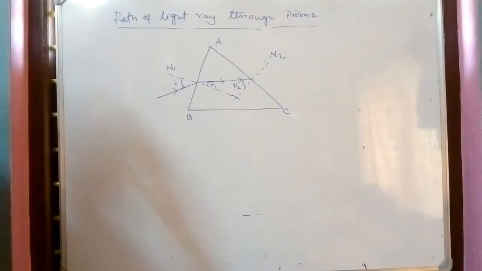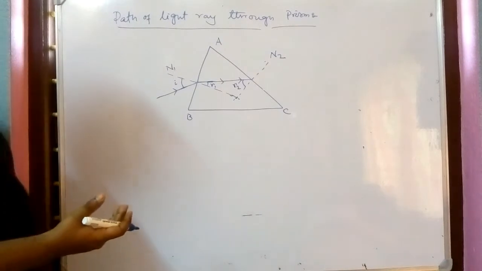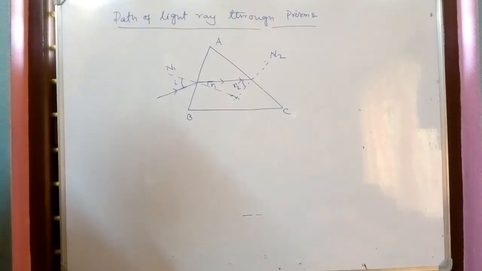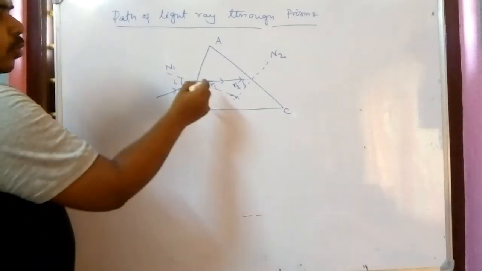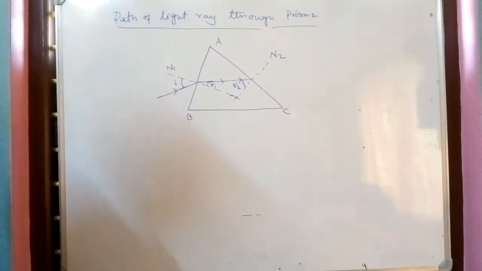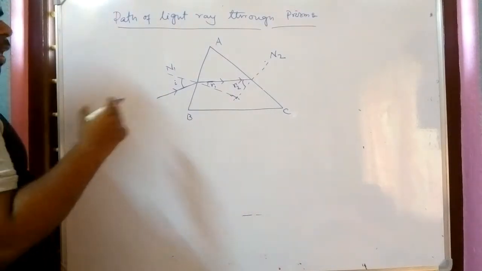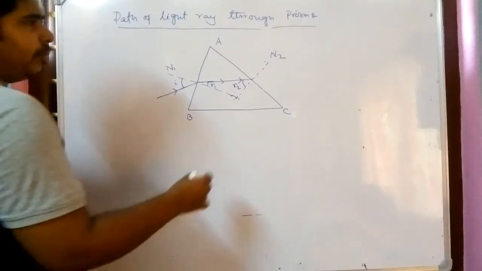Now you might be asking, sir, it is the second angle of incidence, so it can be I1 or I2, or something else. See, as it is inside the prism, one angle we have denoted by R1 and the other angle we will take as R2. Okay, so the naming should be the same.